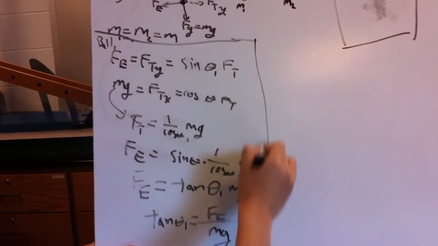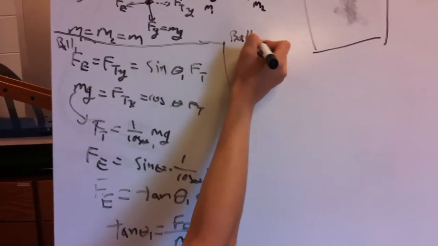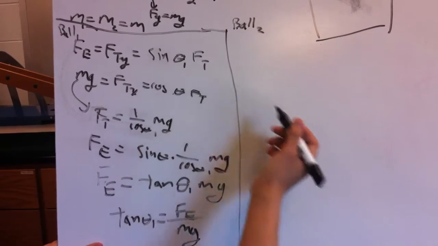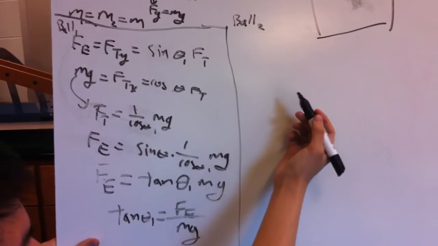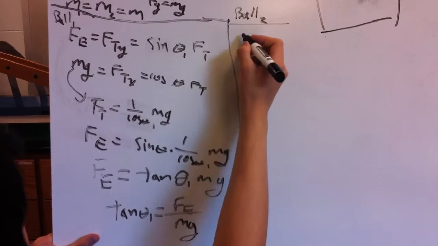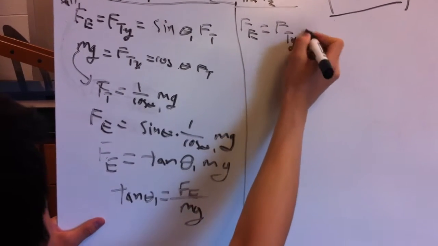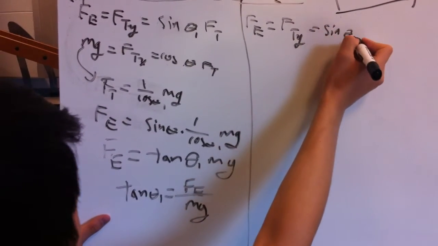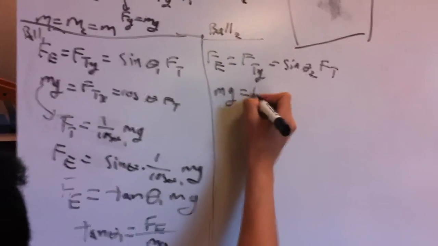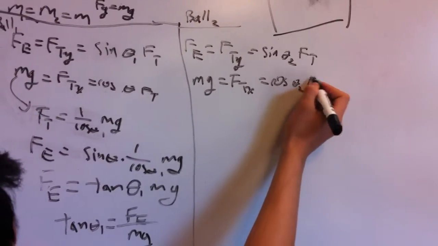And then this whole process can be repeated for ball 2. Basically, we have Fe equals Ft of y, which equals sine theta 2 times Ft, and then we have the second equation, mg equals Ft of x, which equals cosine theta 2 times Ft.